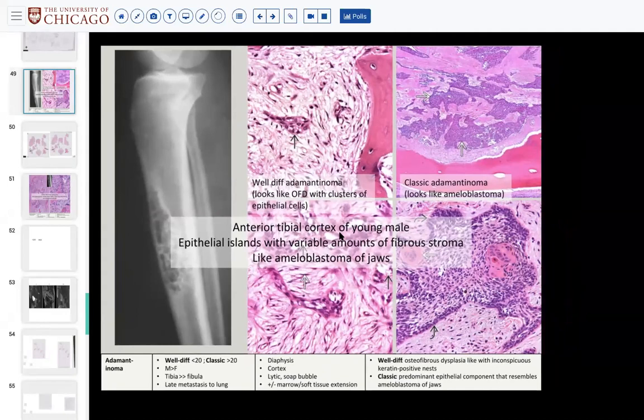Both occur on the anterior tibial cortex of young males with these epithelial islands in the background of fibrous stroma. These are generally considered potentially aggressive, in that they can metastasize in rare cases to sites like the lung, but they're not overtly considered a sarcoma.